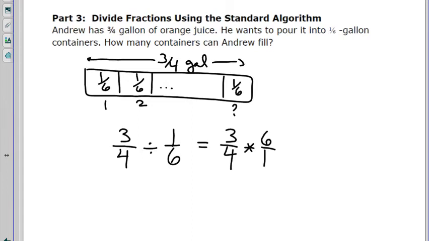I can divide top and bottom by 2, and I get 2 here and 3 here. And then when I multiply, 3 times 3 is 9, and 2 times 1 is 2, and I get 9/2. Of course, we don't like an improper fraction. So 2 goes into 9 4 times with 1/2 left over. So my answer is 4.5 containers.